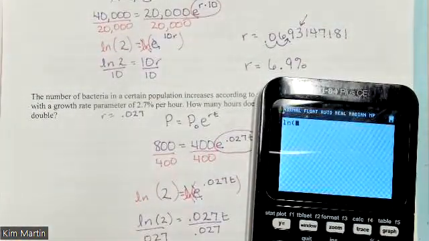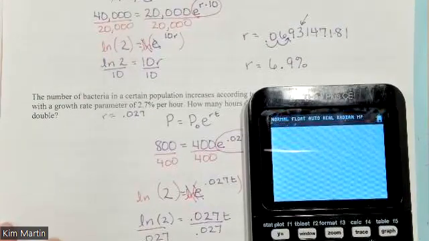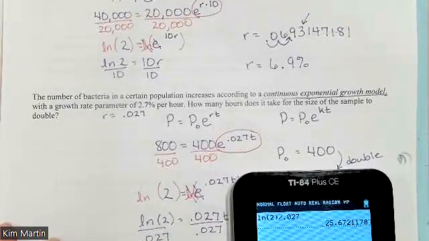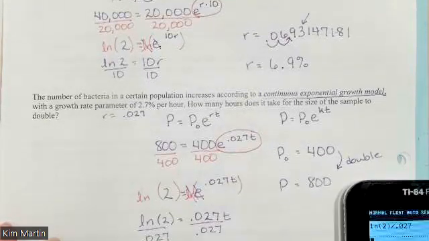And we get the natural log of 2 divided by 0.027. It says how many hours, doesn't really say what to round to. So I'm going to say 25.7 hours. So it's going to take 25.7 hours to double.